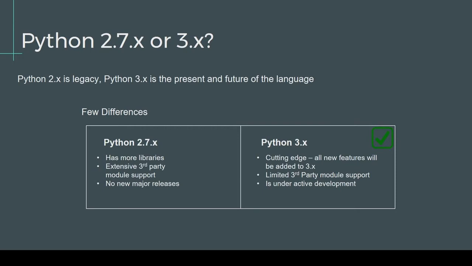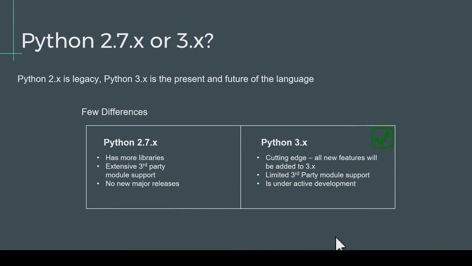The packages or the third-party modules which supported Python 2.7 were supposed to be rewritten for Python 3.x because of the small syntactical and internal changes. So this support progress was limited for Python 3.x. So today probably every package you use will have support for Python 2.7, and they might not necessarily have support for Python 3.x. So that is a problem.